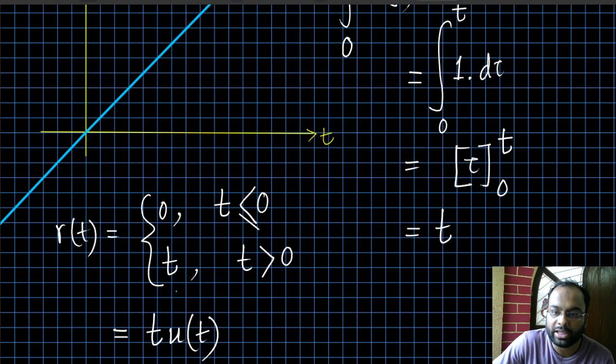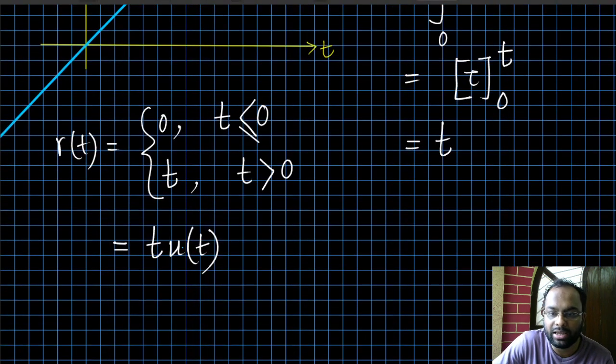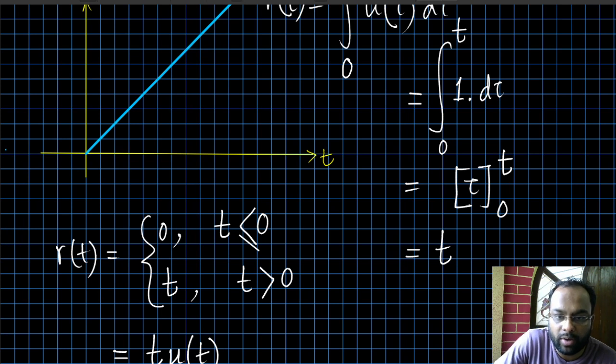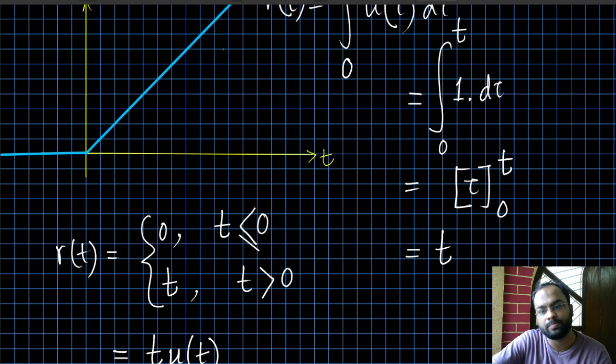But r(t), the unit ramp function, is defined as t times u(t). So the value of the signal is 0 before t equal to 0. Instead of having this, we would have this.